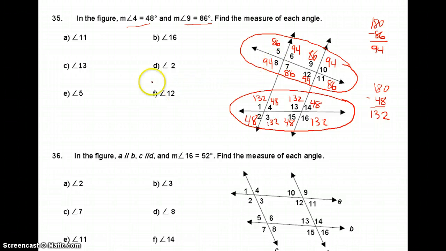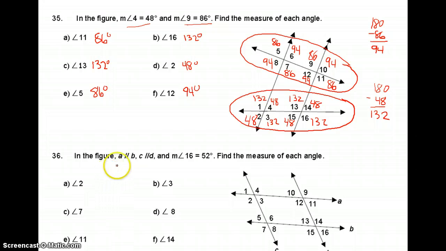Let's go over here and fill in our answers. 11 is 86, 13 is 132, 5 is 86, 16 is 132, 2 is 48, and 12 is 94. Best way to do that, fill in your numbers first.